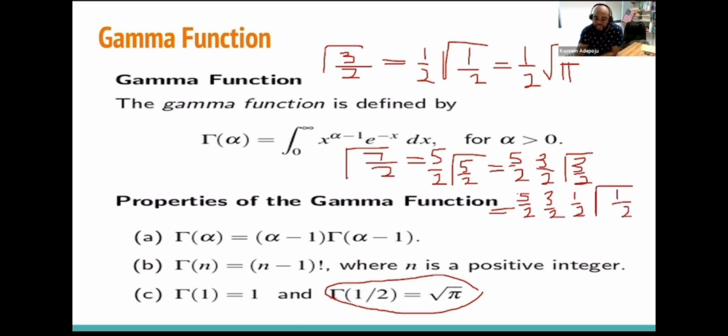By the time you multiply all of that, you're basically going to have 15 over 8, and the gamma half is basically square root of pi. So take a look at that.